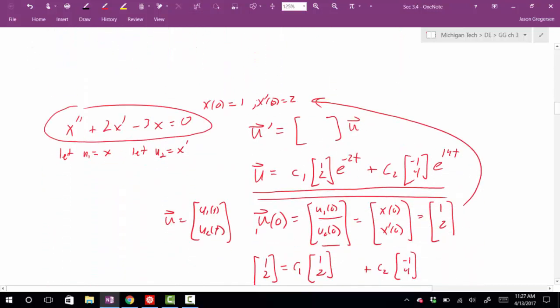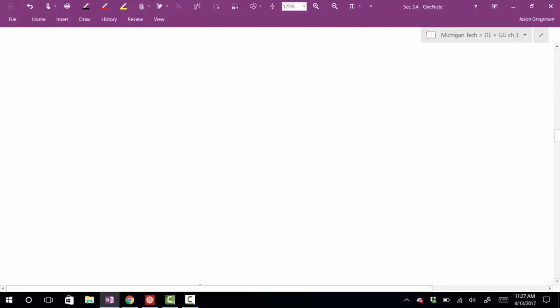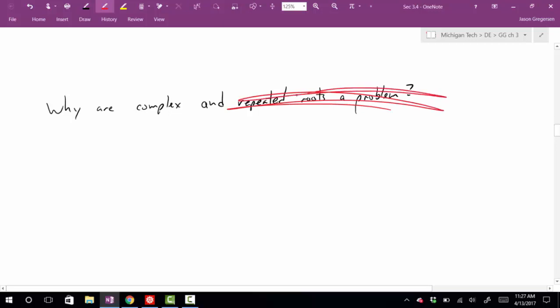All right. Goal for today now. Let's get on to our complex and repeated roots idea. We're really just going to focus on complex roots today.